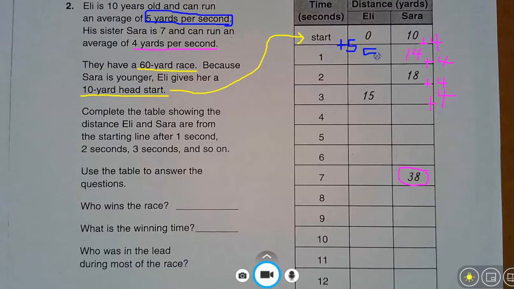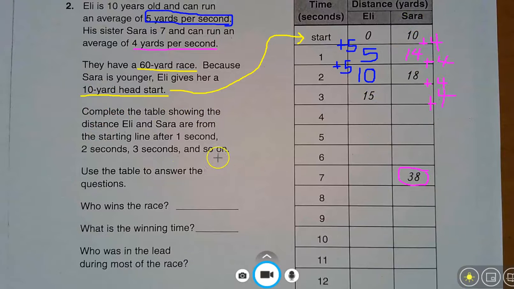He has gone 5 yards in the first second. By the second second, he goes 5 more yards. So he will have gone 10 yards total. He's gone 15 yards in the third second. So I would fill in all of Eli's times after all of Sarah's are in.